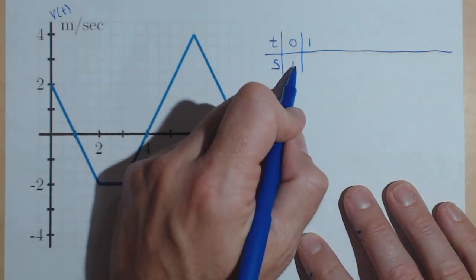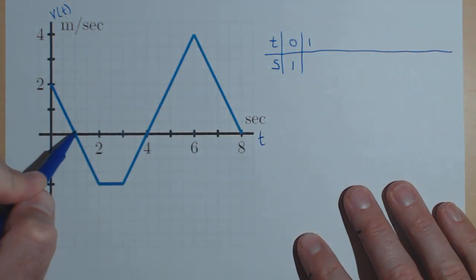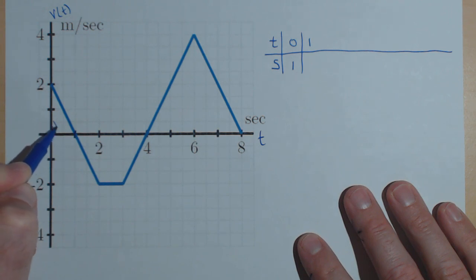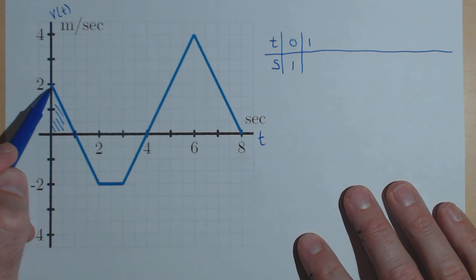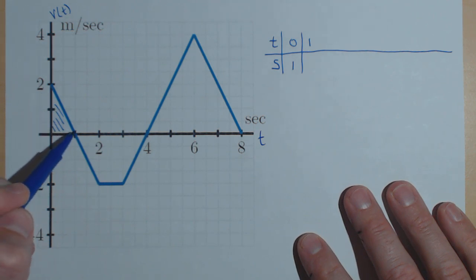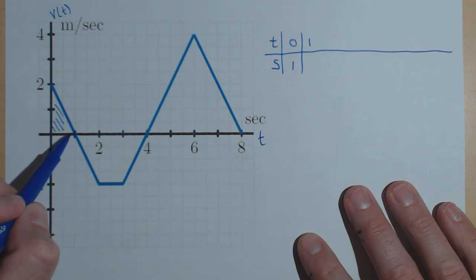So at 1 second we need to figure out how far this person traveled. Well, 1 second would be right here, and so our distance traveled is going to be the area of this triangle with a base of 1 and a height of 2. Area of a triangle is 1/2 base times height, so they're going to travel 1 meter.